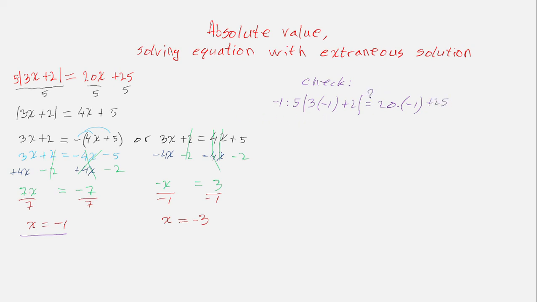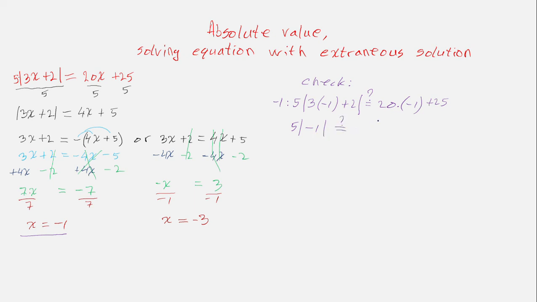And we are checking whether this is true or not. Inside the absolute value, we have 3 times -1, which is -3, and then plus 2, so we have -1 here.